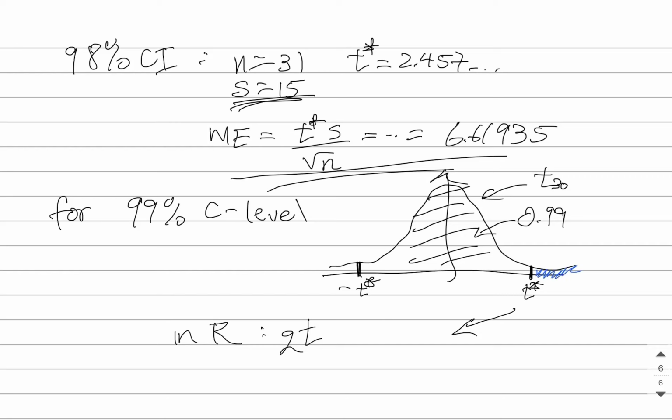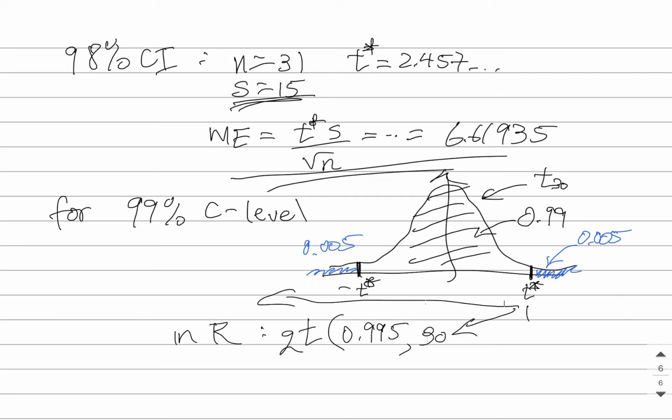If the central area is 0.99, that means there's 1% left to split evenly between the tails. That means this area has to be 0.005, the same as that. The qt function is essentially a percentile function. We tell R, I want everything from this value back, and the degrees of freedom are going to be 30 here. If I perform this calculation, R is going to find that this is about 2.750.